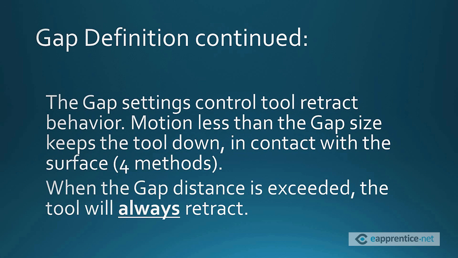If the motion is less than the gap size, it will keep the tool down in contact with the surface, and there are 4 methods. And when the gap distance is exceeded, the tool will always retract. So really the gap settings control the retract behavior of the tool when you're cutting on a surface.